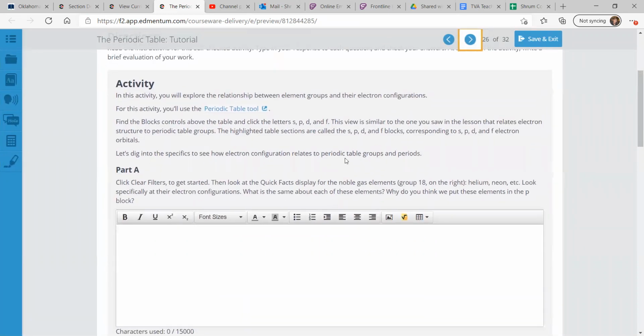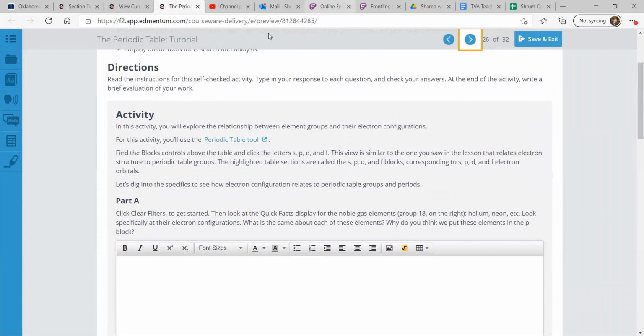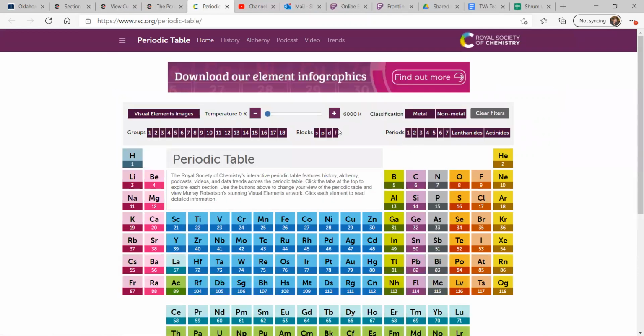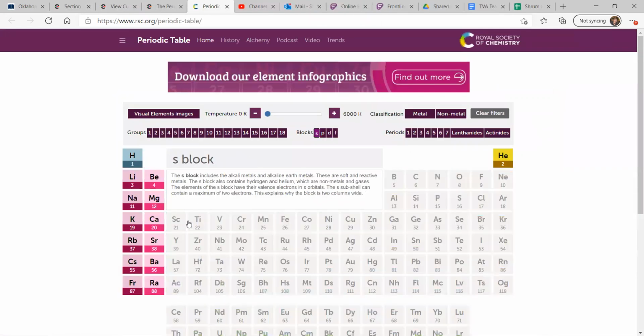And so you can look at that tool and then organize them based on the blocks. So here's the S block. It includes alkali metals and alkaline earth metals. They are soft and reactive. It also contains hydrogen and helium, which are nonmetals and gases.